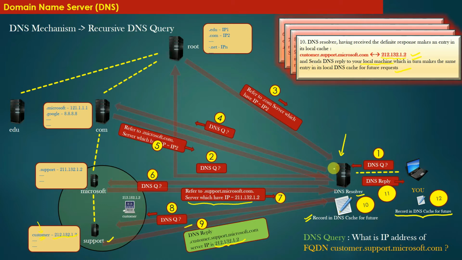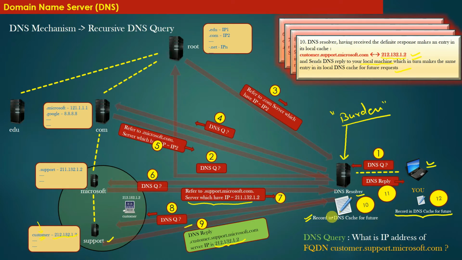And once it receives the definite answer, it takes care to forward the DNS reply to the DNS client, which is actually your system. So you can see that in this recursive DNS query approach, the DNS resolver is burdened with the responsibility to get the DNS resolution for the requested fully qualified domain name.